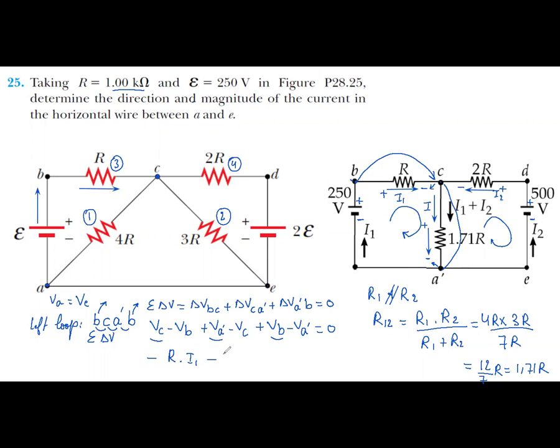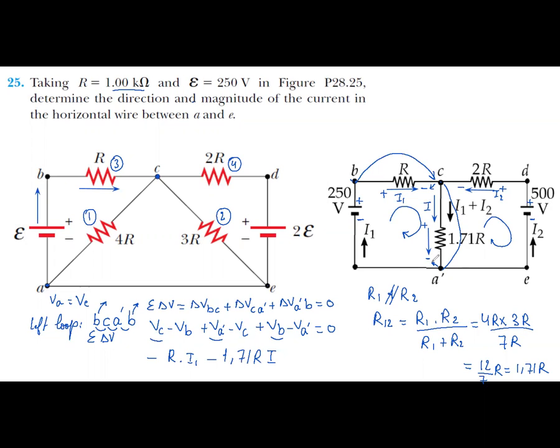The voltage will be 1.71R times I capital, which is equal to I1 plus I2.